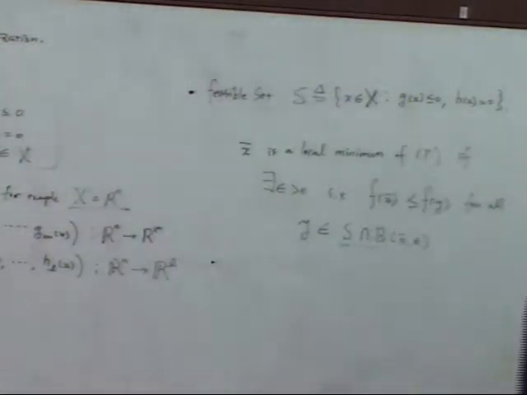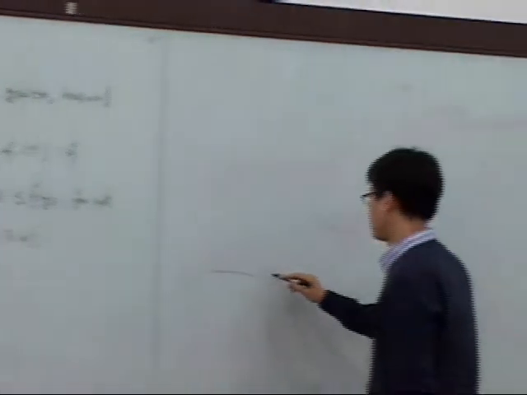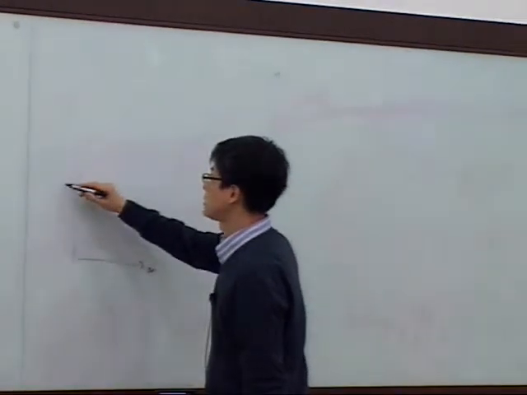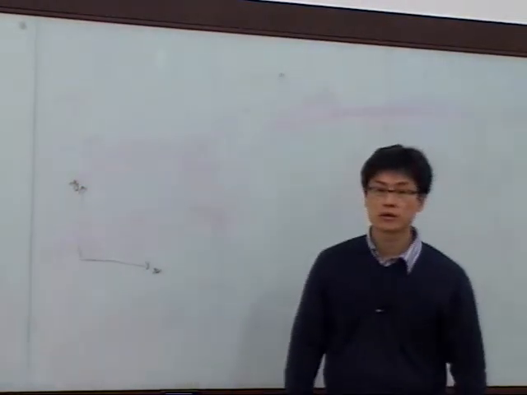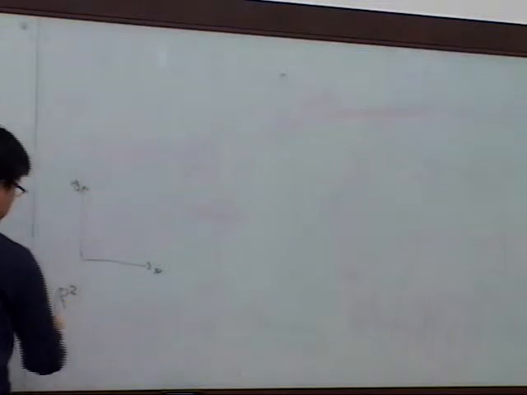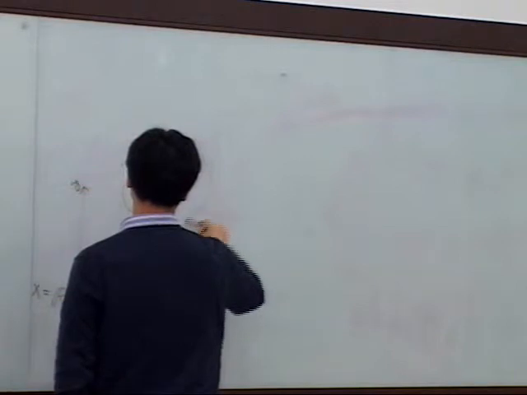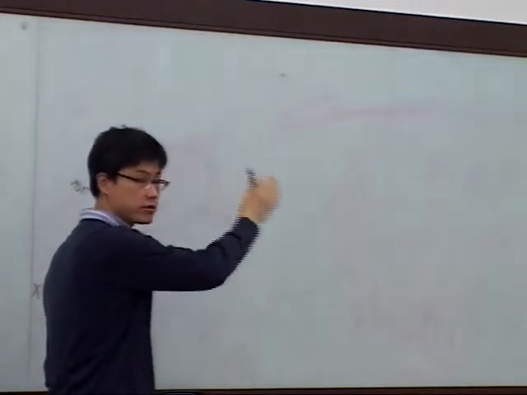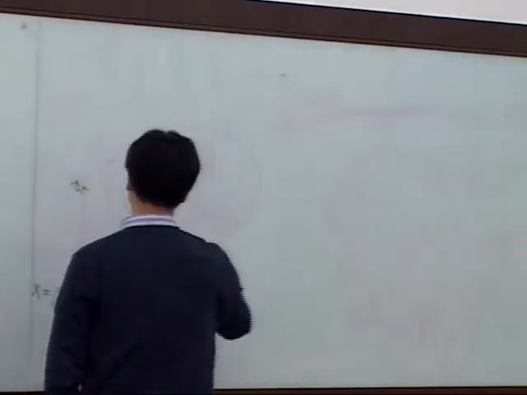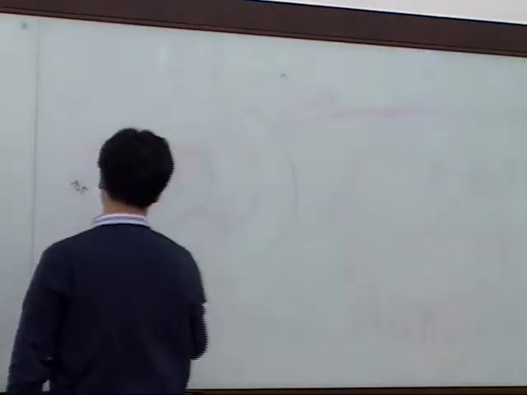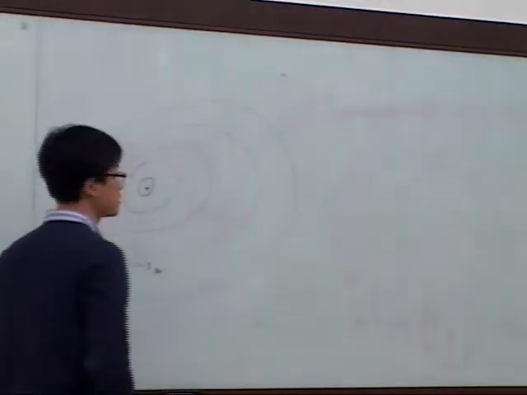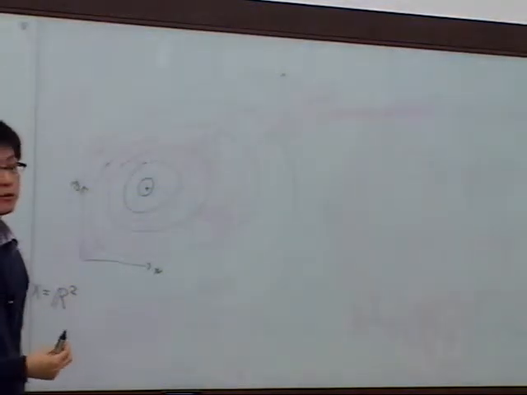Okay, one simple example. Let's say we are now talking about two-dimension, and let's say there is some contour, surface function like this, and let's say this is the minimum value.